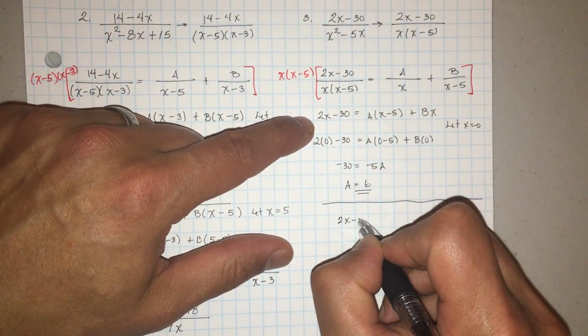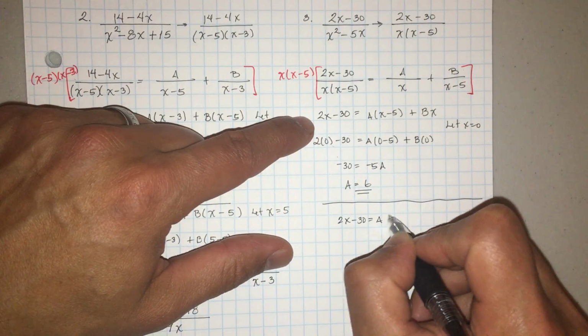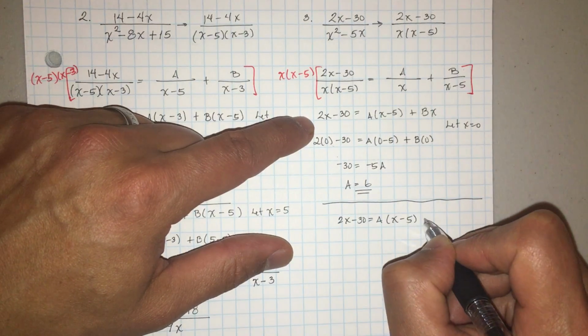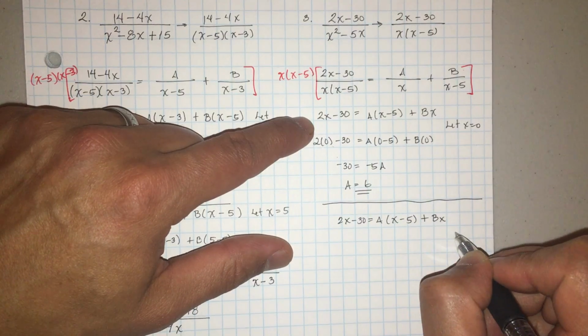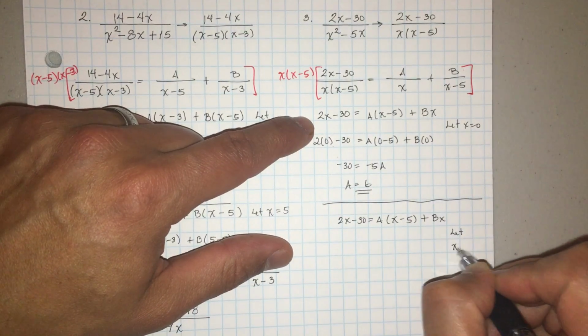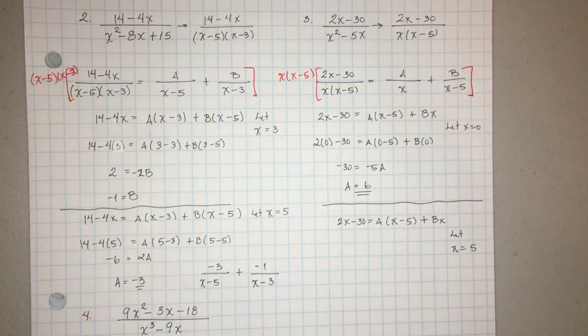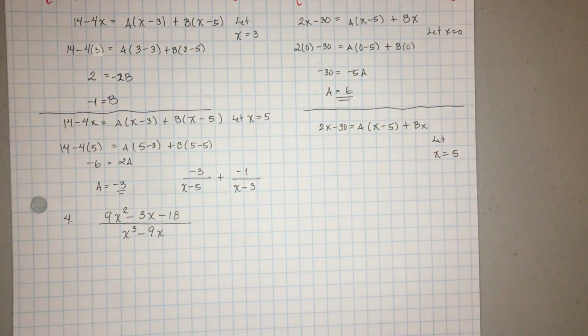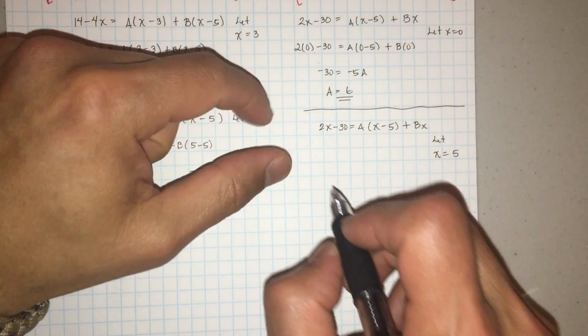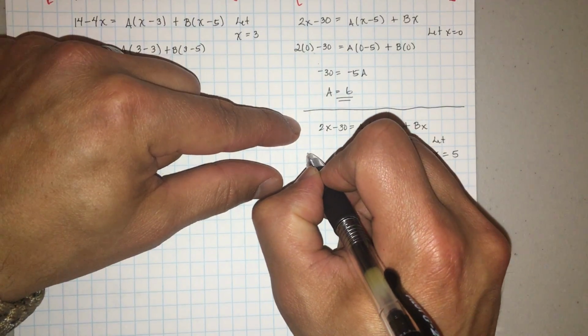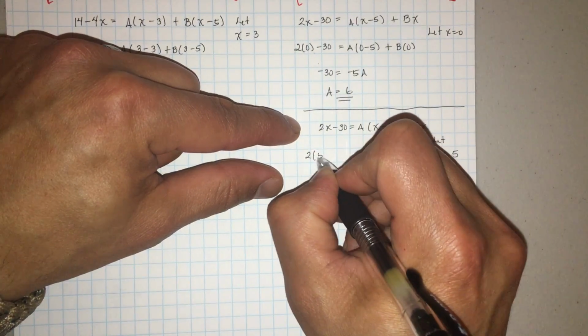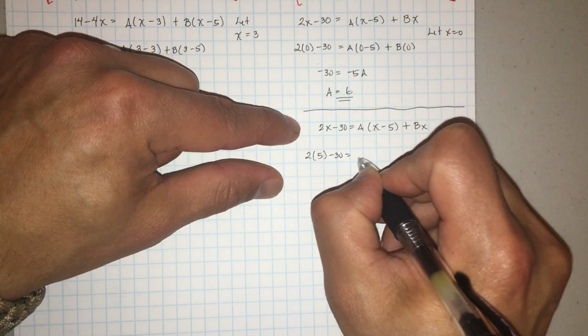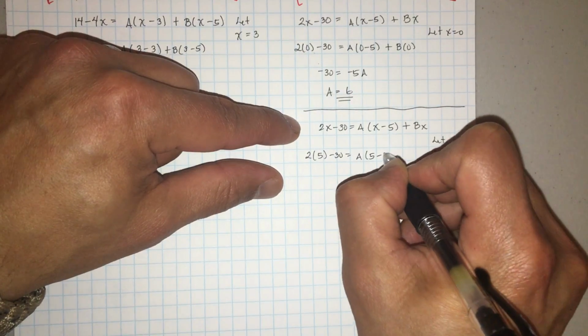And then we're going to do the second one, and same thing. Just rewrite it. 2x minus 30 is equal to a times x minus 5 plus bx, and this time we're going to let x equal positive 5, so that a value can simplify out. So x is 5, so 2 times 5 minus 30, and then 5 minus 5 is 0, so that's good.